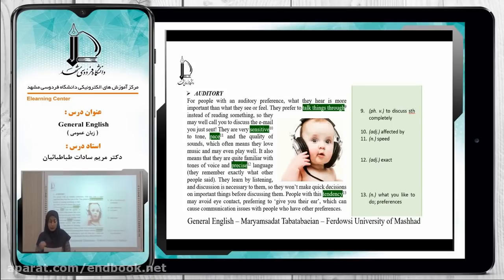So, now we know that auditory people might not look at you in the eye, that is eye contact, because they prefer to listen carefully. Looking at people is not important to them. That might cause communication issues or communication problems when they are talking to visual people, for example. Because visual people need to see. And they need to see that you're looking at them.